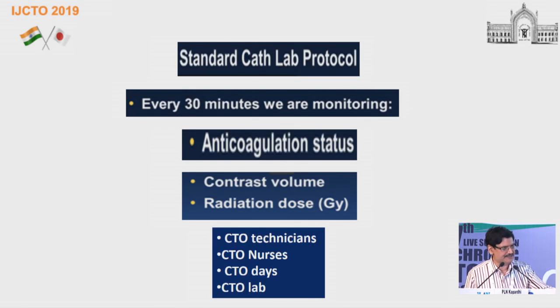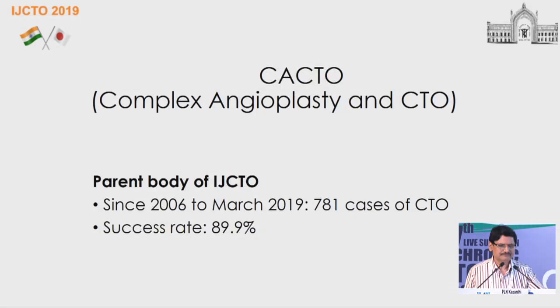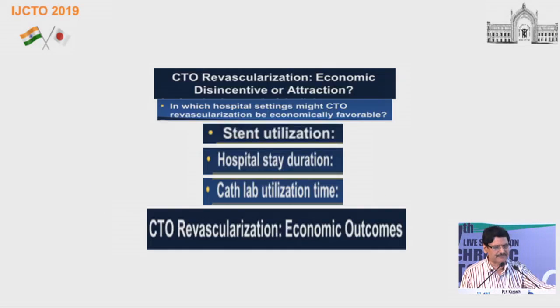And CTO days: weekly 2 CTO days, where the lab is dedicated, and a CTO lab should exist exclusively, like an EPS cath lab. And as CAT2 we started and ultimately evolved into IJCTO, and since 2006 till March we have performed almost 781 cases of CTOs with a success rate of 89.9%.